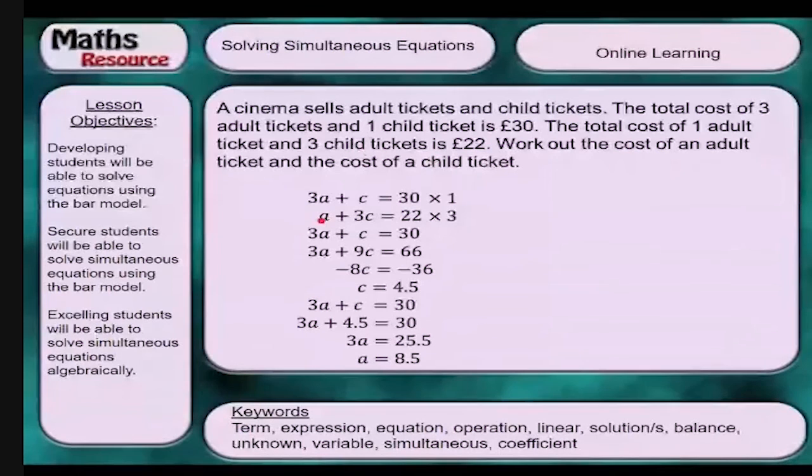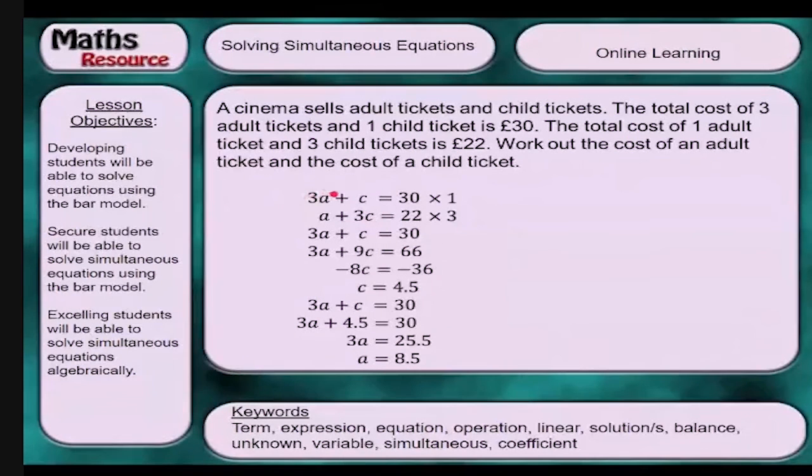So I've got 1 adult ticket, A, plus 3 child tickets, which is 3C, equals 22. So they're my 2 equations.